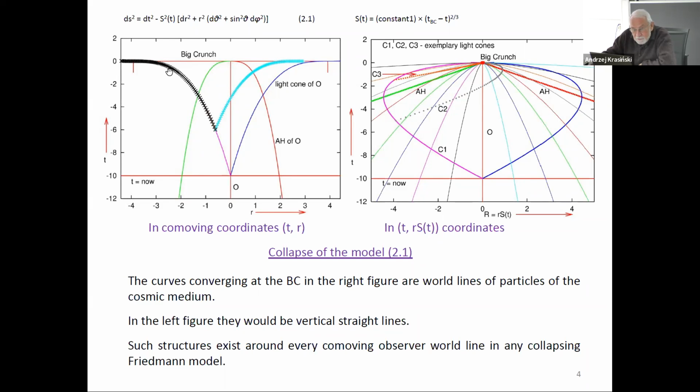The apparent horizon of this observer is this second pair of curves. The curves marked with crosses are a profile of the light cone with the origin at some other point on this first light cone.